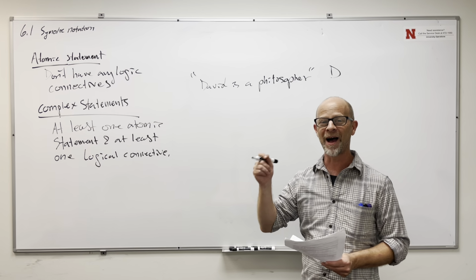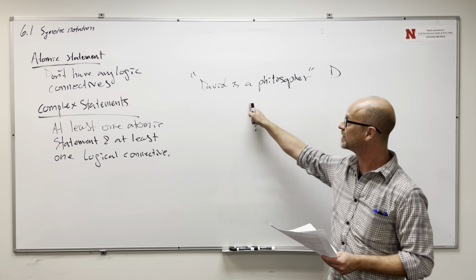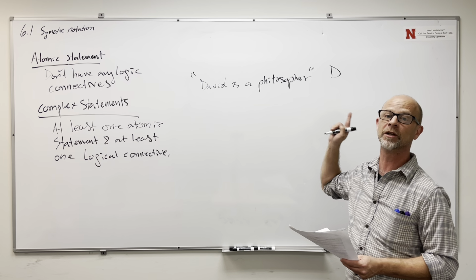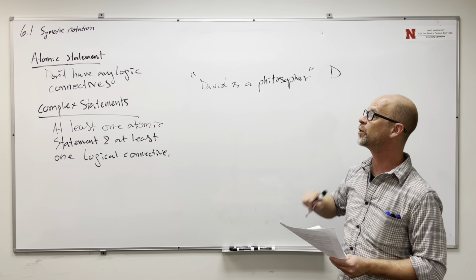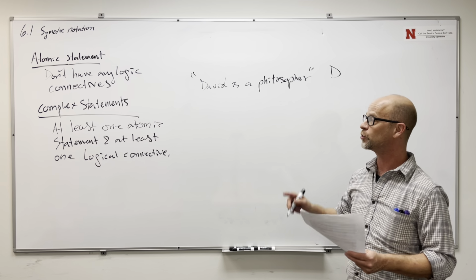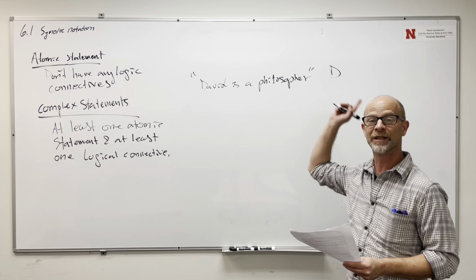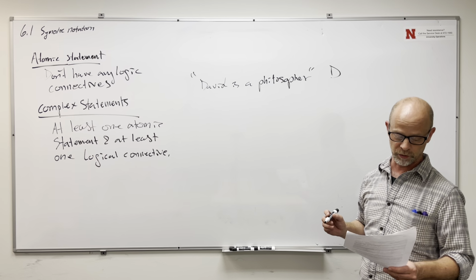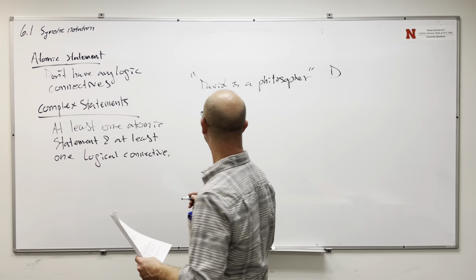The other thing to keep in mind is once you've used a letter to symbolize some atomic statement, you can't repeat it again. You have to use the same letter only with regard to that atomic statement. So if you have some other atomic statement, you have to use a different letter to symbolize it. Here is another example. James Joyce wrote Ulysses.